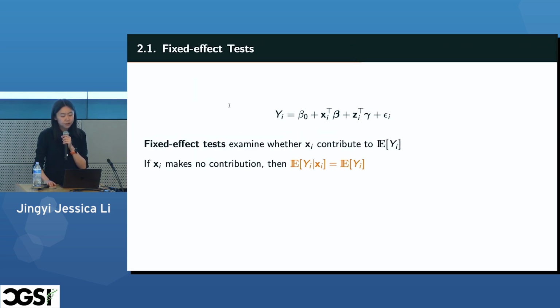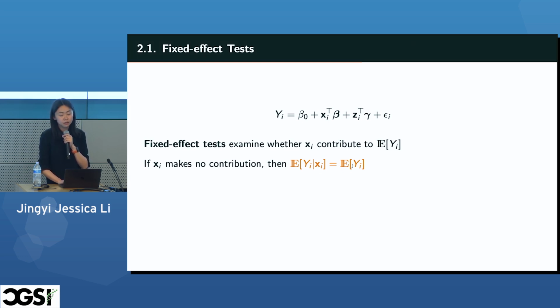Okay, so for the fixed effect, if we want to say, does my fixed effect covariate xi have any effect on yi? What we are looking at is the mean relationship. By mean relationship, I mean that if I look at the expectation of yi, the true value of the response, does it matter if I'm conditional on xi or not?